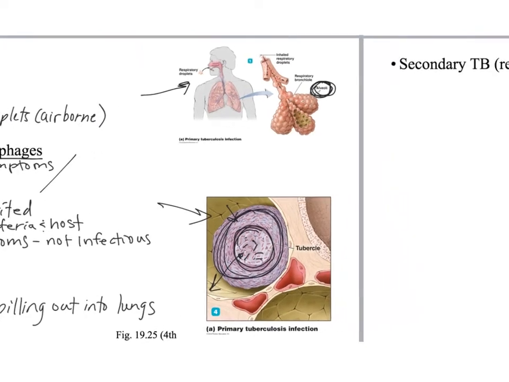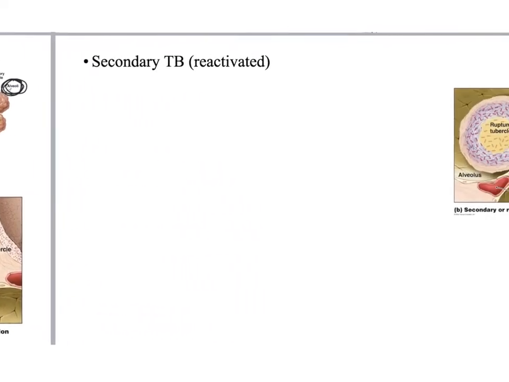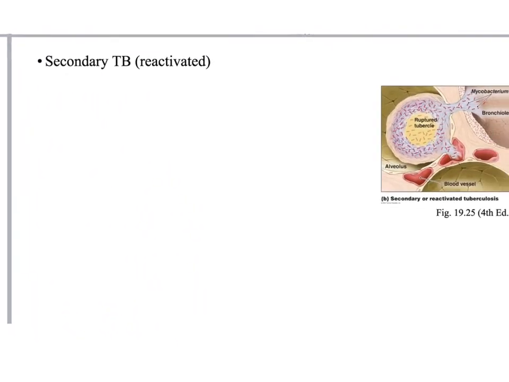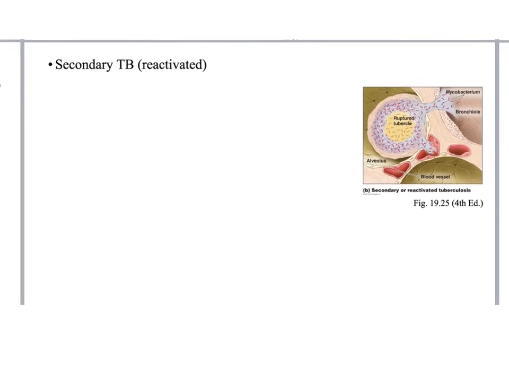So it's estimated that only about 10% of individuals that have primary TB progress on to secondary TB. Okay, and again, sometimes this is called reactivated TB. Okay, so it's no longer latent. We've got those tubercles rupturing.